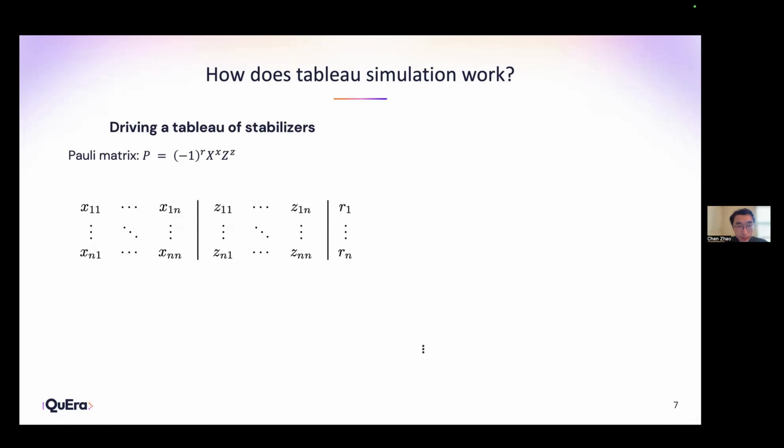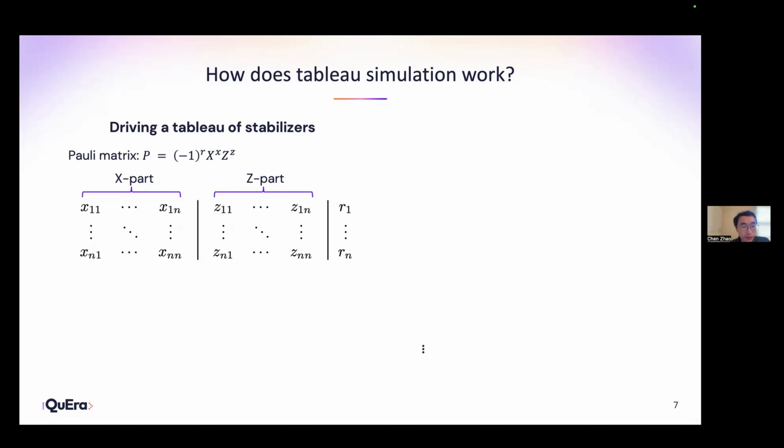To represent a Pauli operator, you use an x part to represent whether there's a component of the x operator, and likewise for the z operator. In addition, you have a sign for the Pauli matrix.